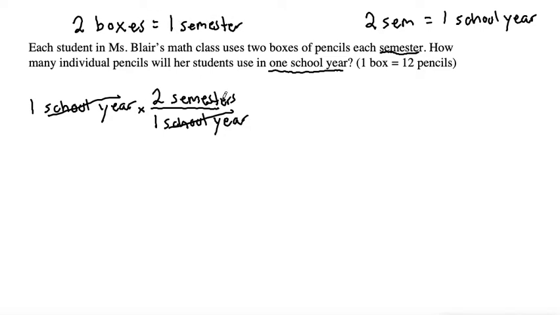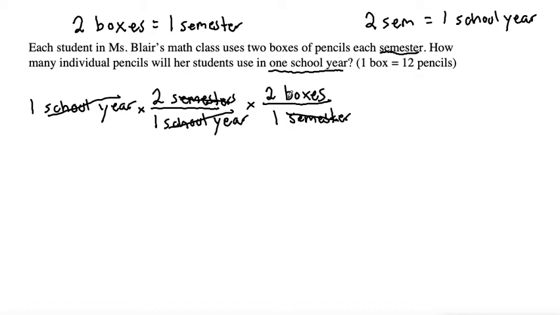Because we're currently in semesters, we need a conversion factor that has semesters in it, putting the unit we want to cancel out on the bottom. 1 semester is equal to 2 boxes of pencils. Now we've canceled out our unit of semesters, and we're currently in a unit of boxes.